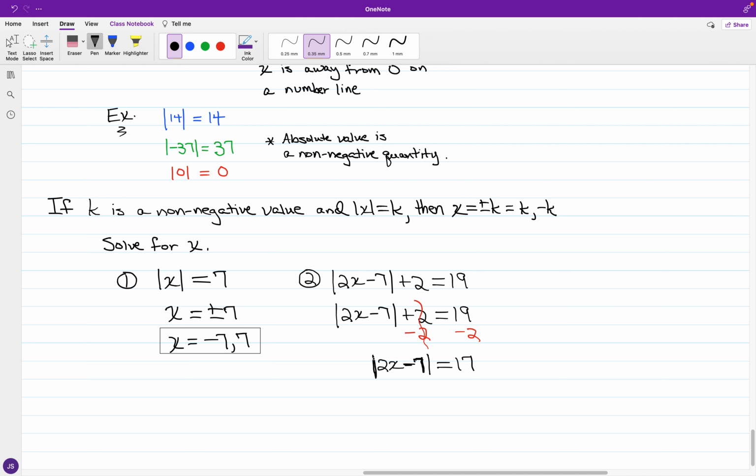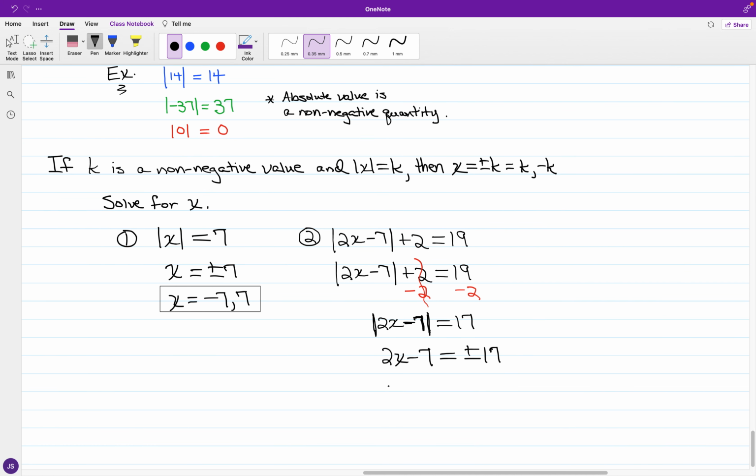Okay, and now at this stage, going from the absolute value of x equal to k to x equal to plus or minus k, I can take out the absolute value bars surrounding 2x minus 7 and have 2x minus 7 equal to plus or minus 17.